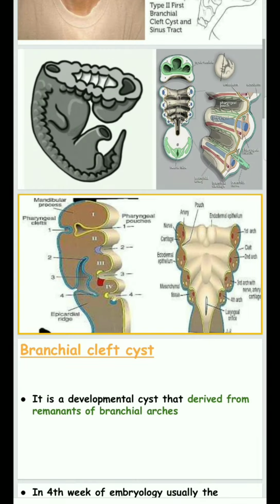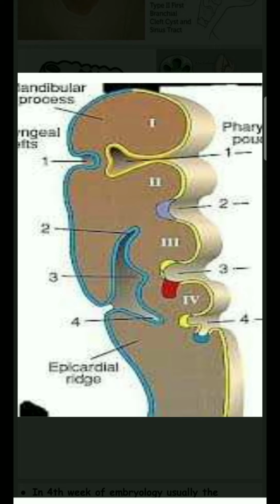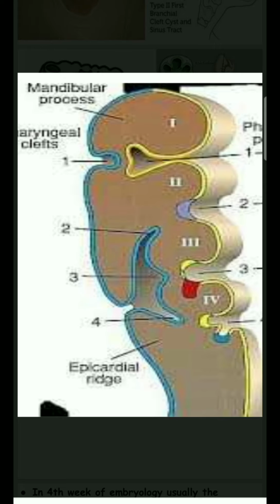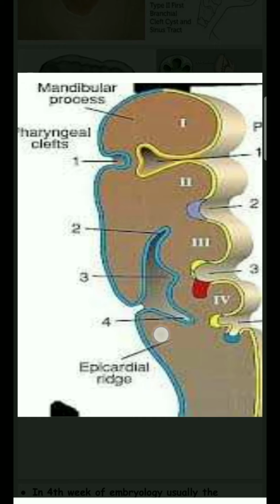As a result, if there is no obliteration and no fusion of the cleft to the second pharyngeal arch, a branchial cleft or cervical lymphoepithelial cyst forms.